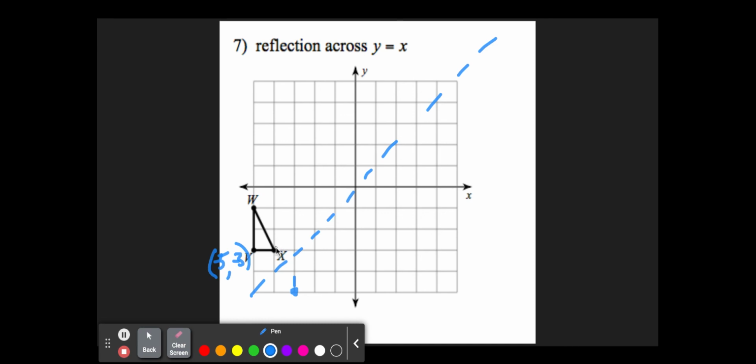If this is negative 4, negative 3, then the opposite would be negative 3, negative 4. And if this is negative 5, negative 1, then the opposite would be negative 1, negative 5. And that's our reflection over the diagonals. The diagonals are harder. But there you go.